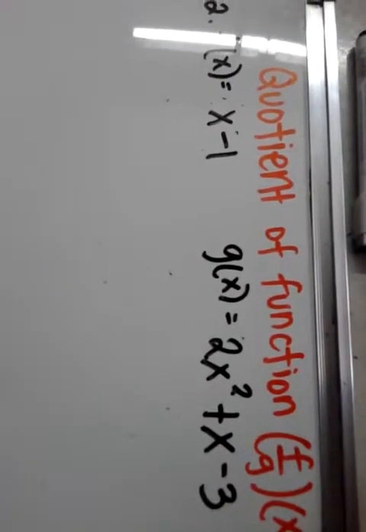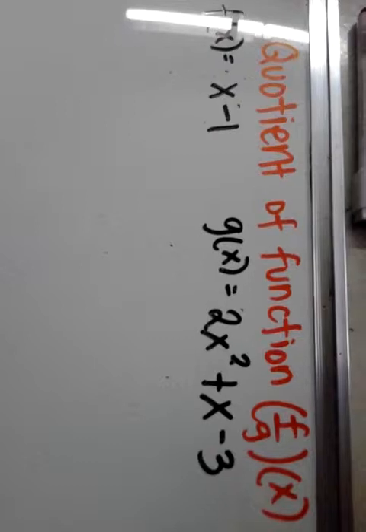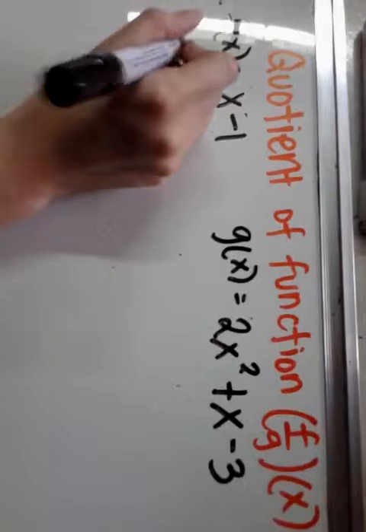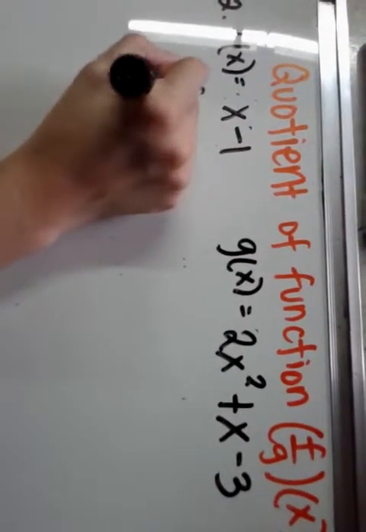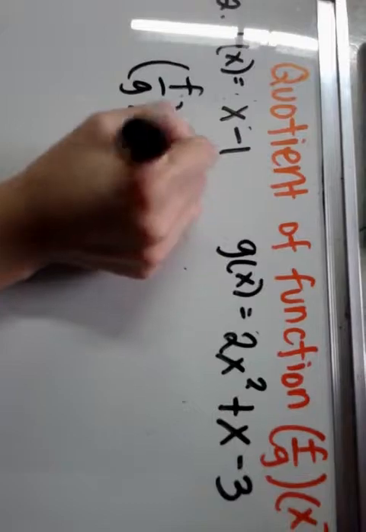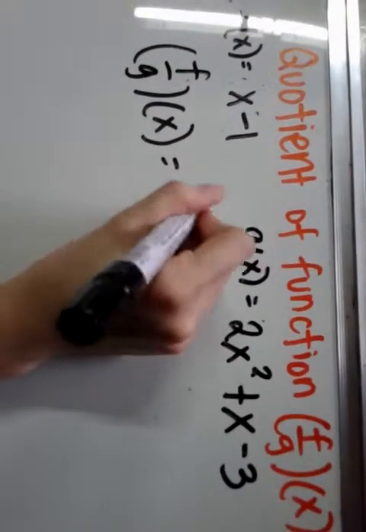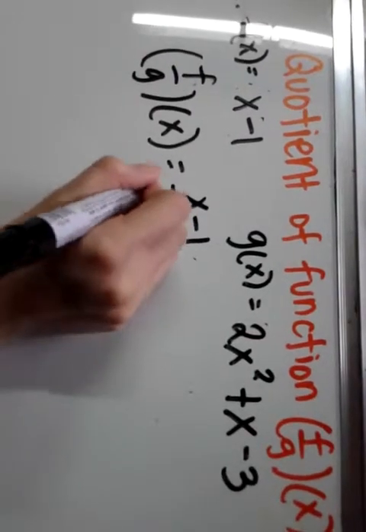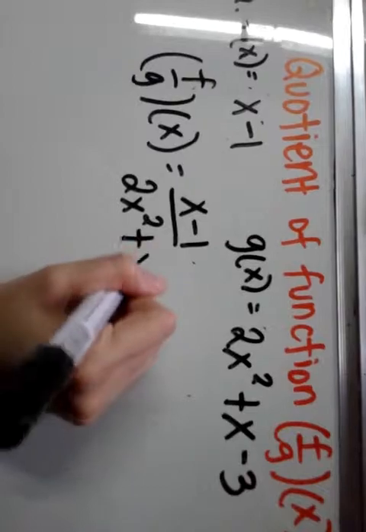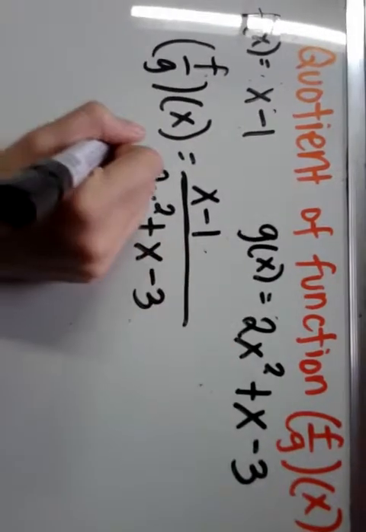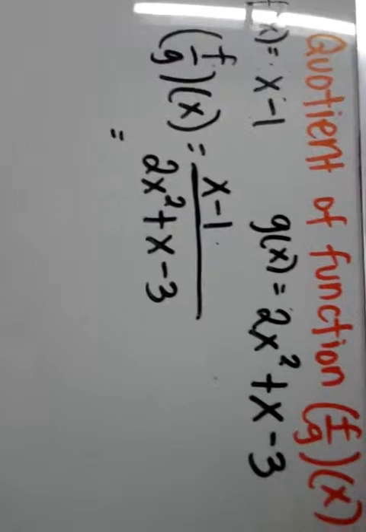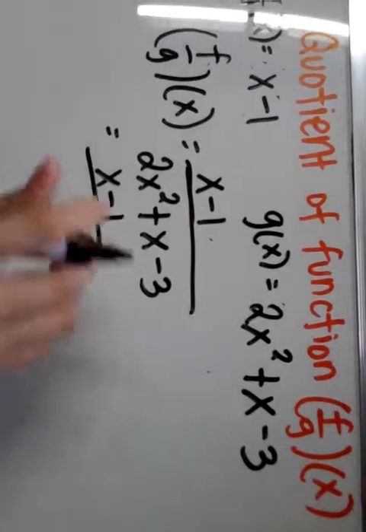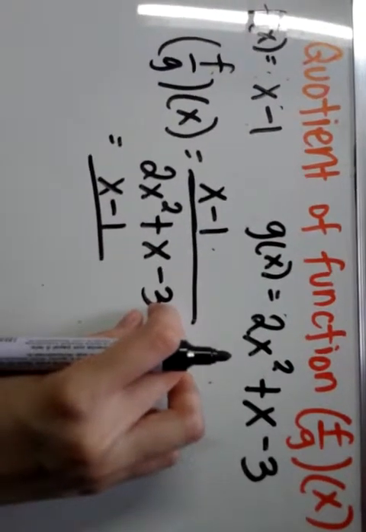So here in our second example, f of x is equal to x minus 1 and g of x is equal to 2x squared plus x minus 3. So first again, copy the formula, f over g of x. Then copy the f function, x minus 1. Copy the equation in the g function which is 2x squared plus x minus 3. So here, unlike in our first example, you can simplify it. So x minus 1. So find the factors of 2x squared plus x minus 3.